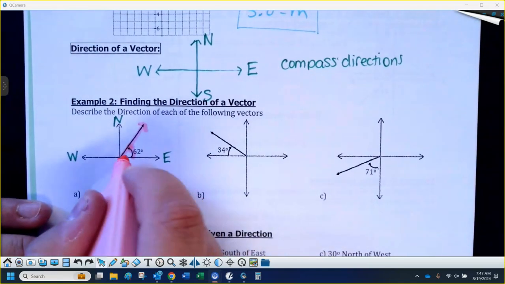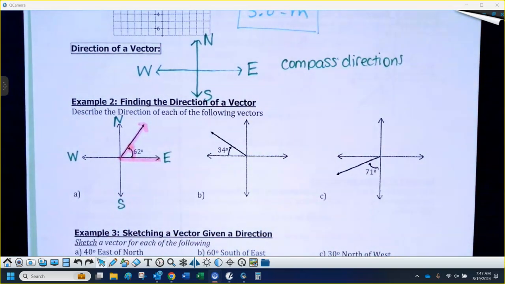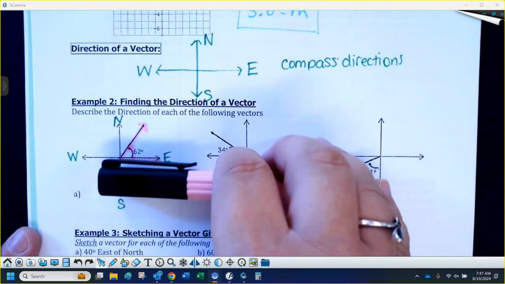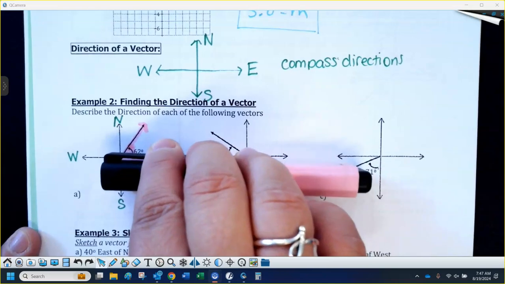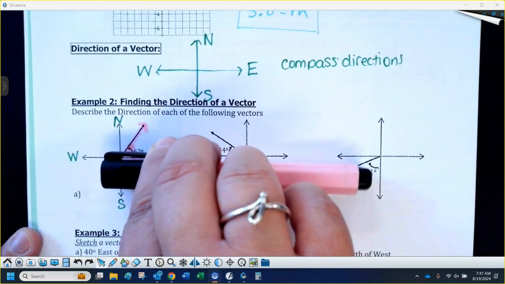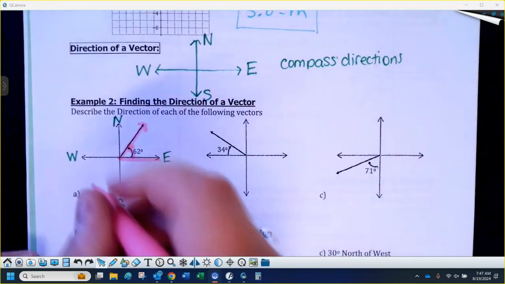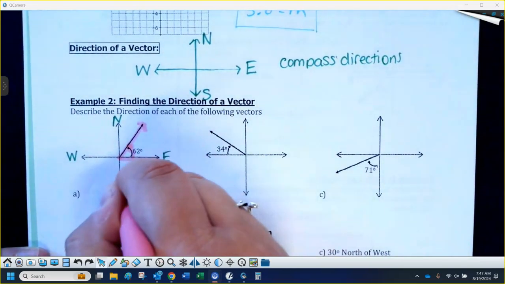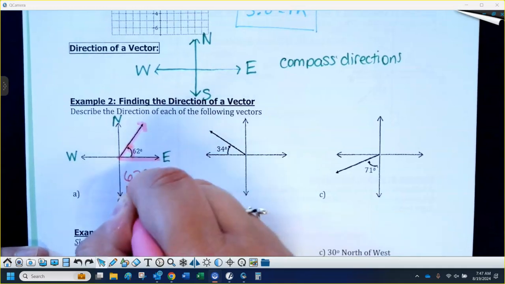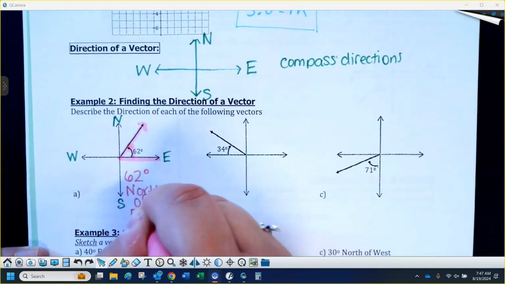In this case, to form that angle, I'm starting with the x-axis. I'm starting on the east side and I'm going up, so the way you would describe this is 62 degrees north of east.